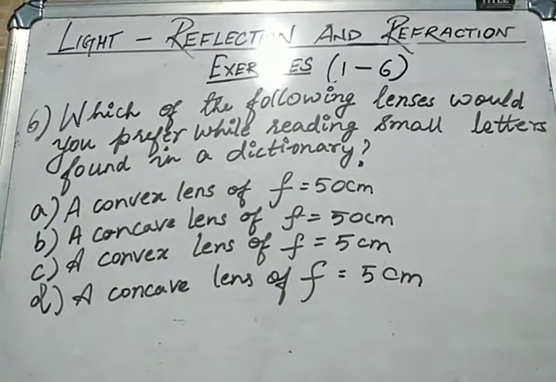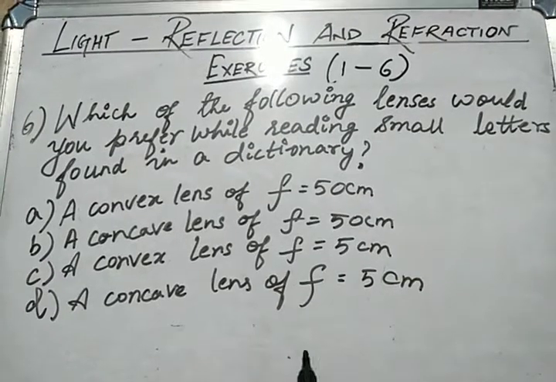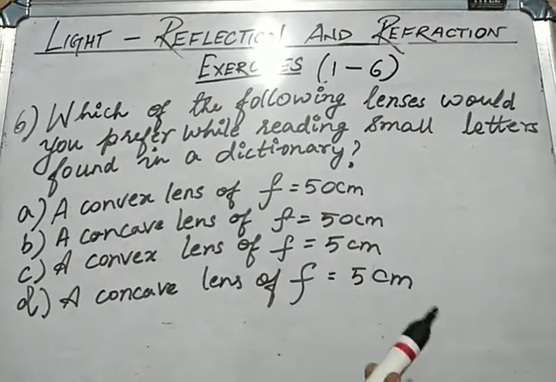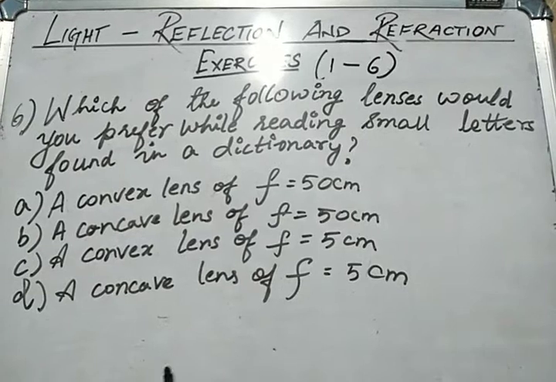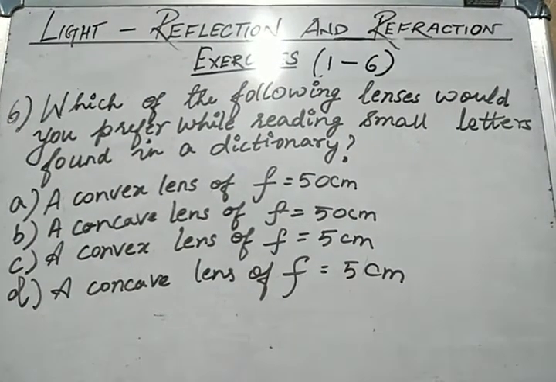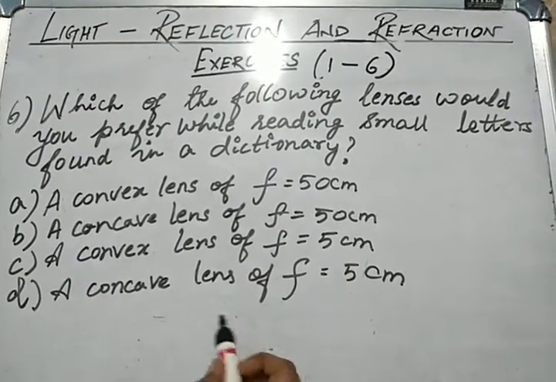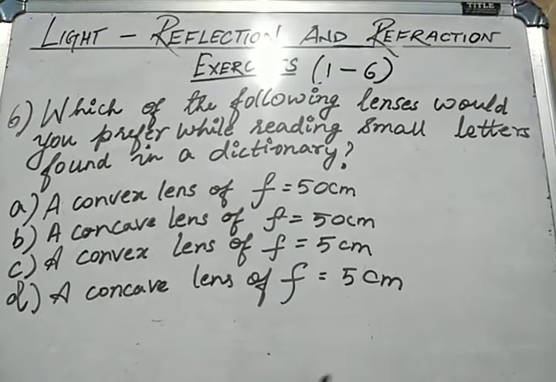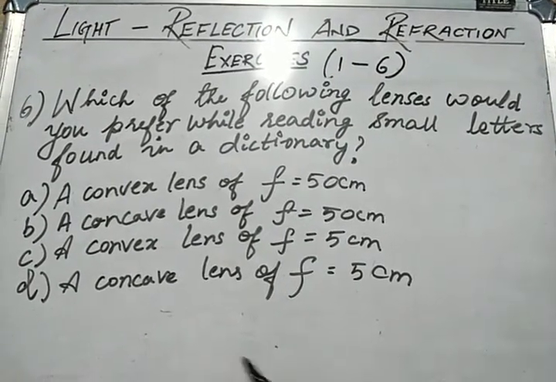Very much confusing options you have, but your answer is very simple provided your concept is clear. We saw in lenses and in power of lenses that shorter the focal length, higher will be the convergence or the divergence.